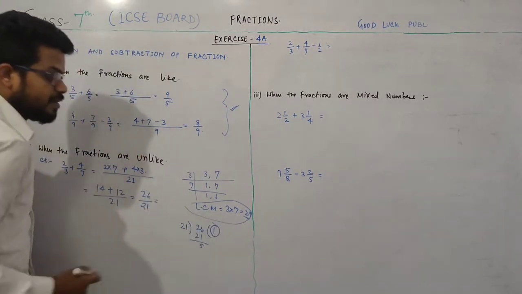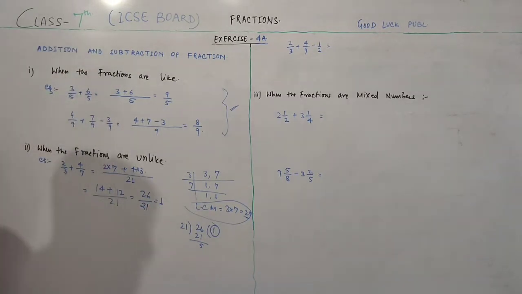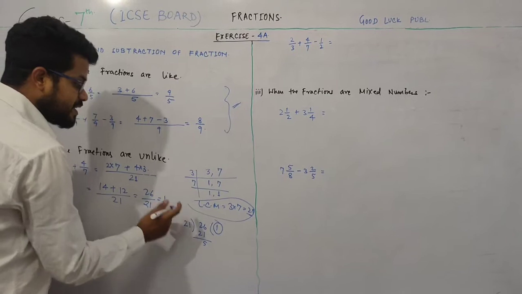This 1 is the quotient and this is the remainder.